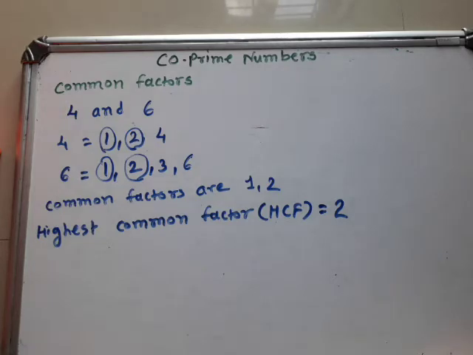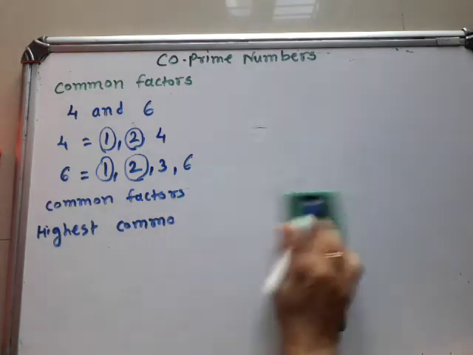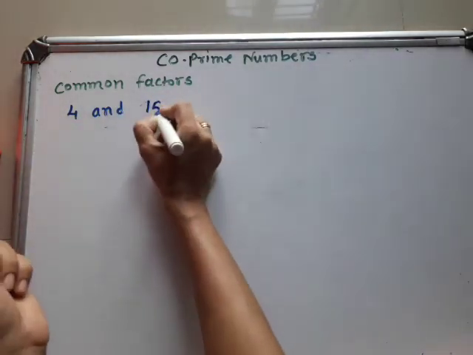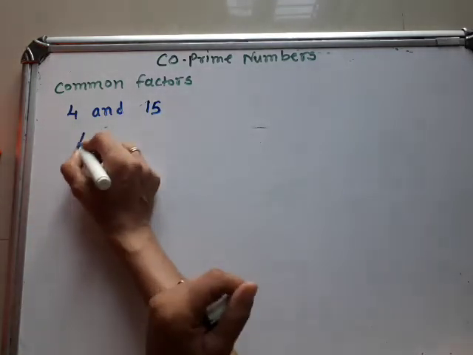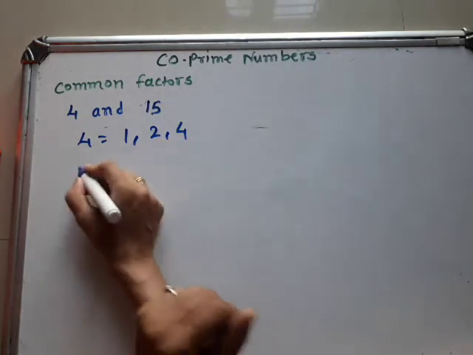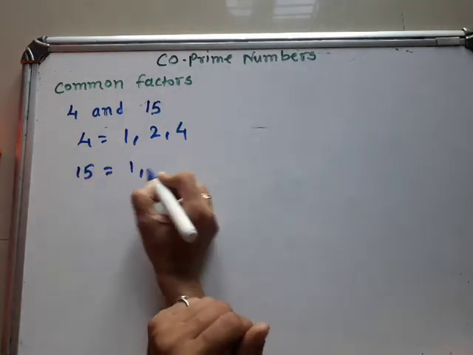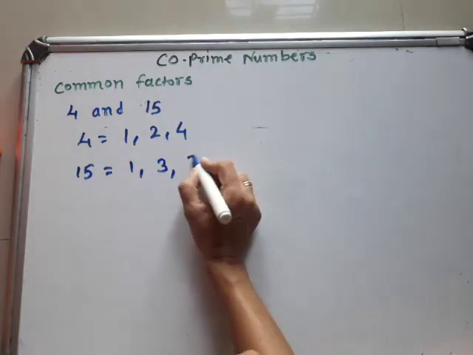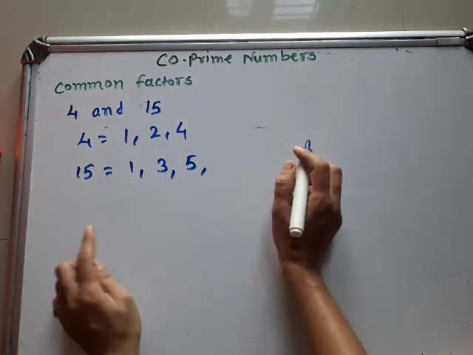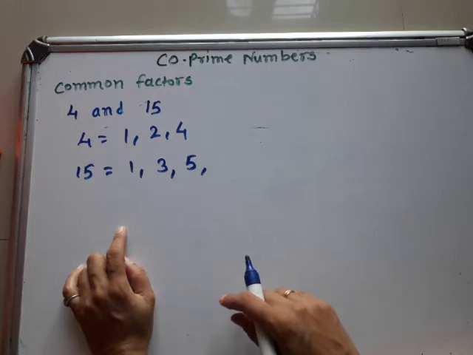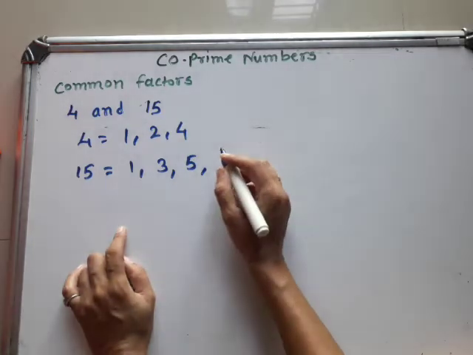Now suppose we take the next numbers, 4 and 15. You know the factors of 4: 1, 2 and 4. What are the factors of 15? 1, 3 fives are 15, then 5 threes are 15. 6 is not a factor of 15, and 7, 8, 9, 10, 11, 12, 13, 14 are not either.